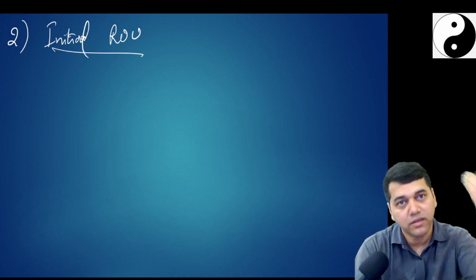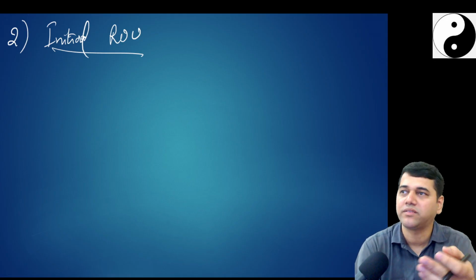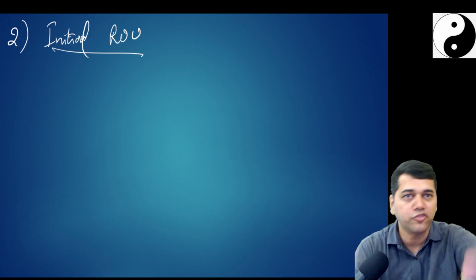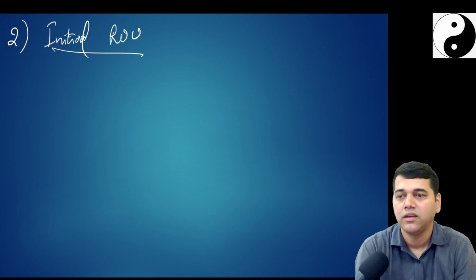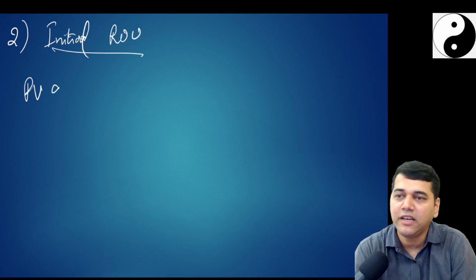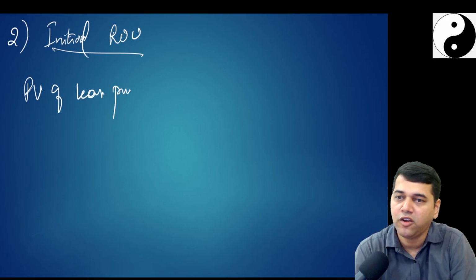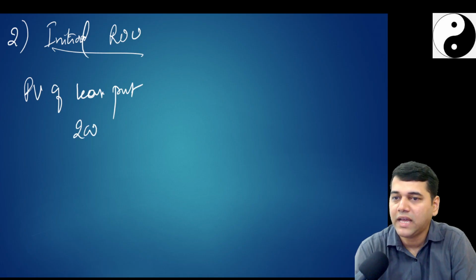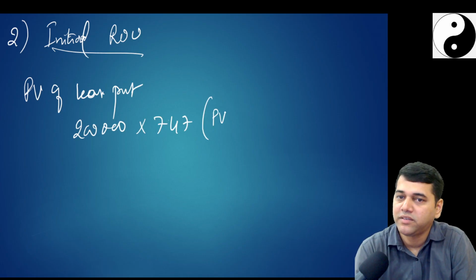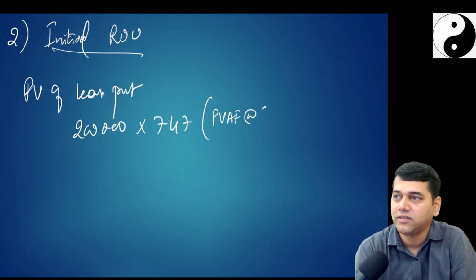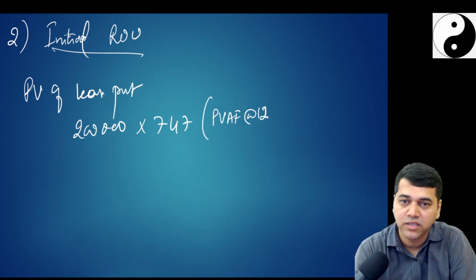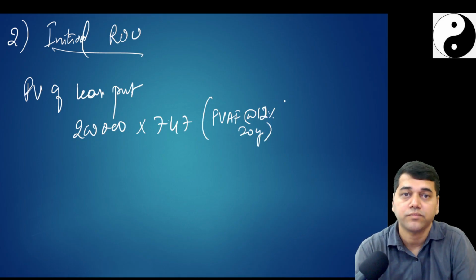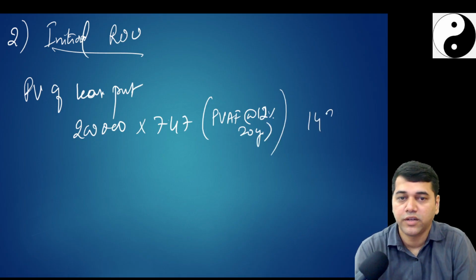We have to just compare 3 elements. Any incentives given, money received, not that. So, present value of lease payment, how much? 2 lakh you pay into 7.47, the present value annuity factor, because at 12% for 20 years, 14,94,000.